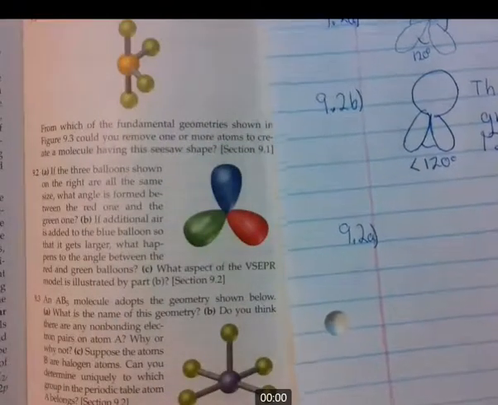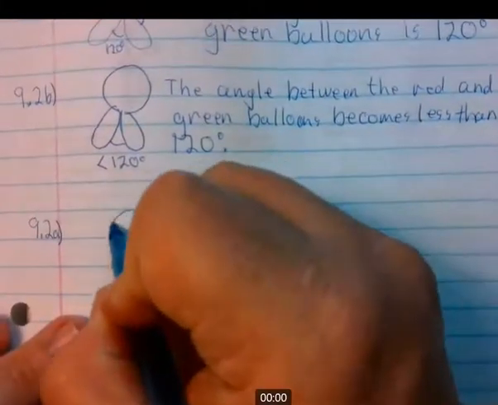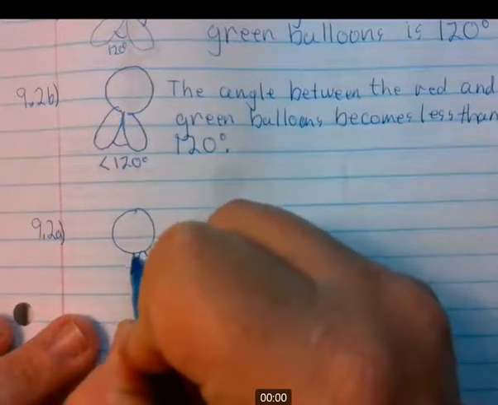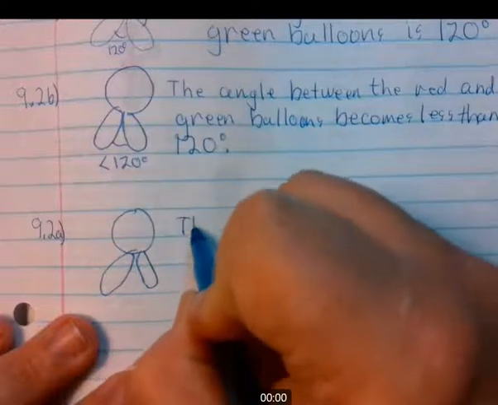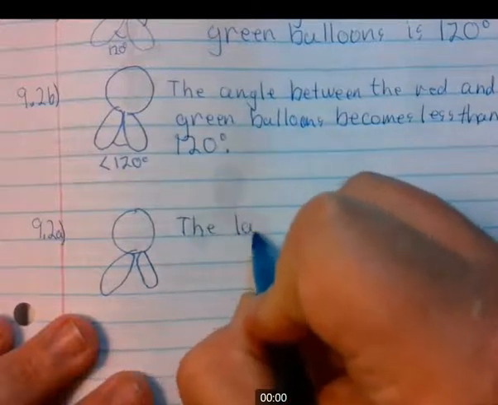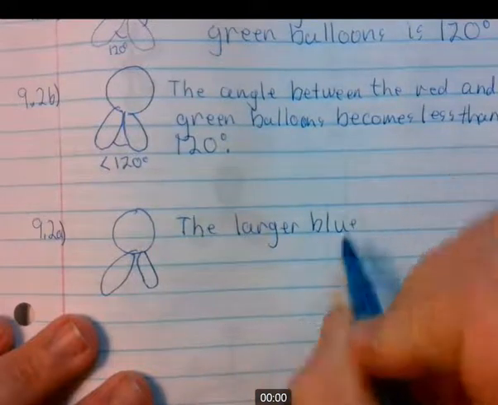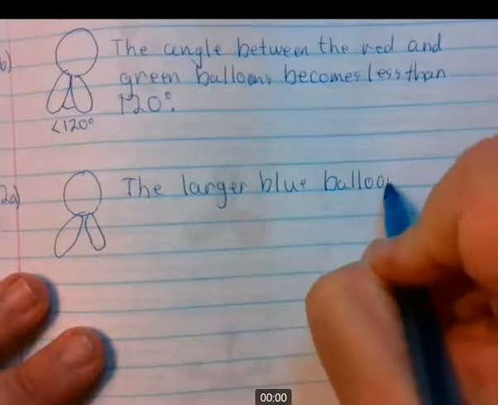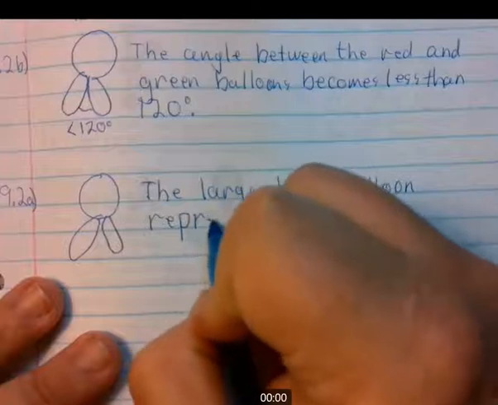So the last part is, what aspect of the VSEPR model is illustrated by part B? If we draw part B again, and these just have to be kind of rough sketches, the larger blue balloon represents the space taken by lone pairs.